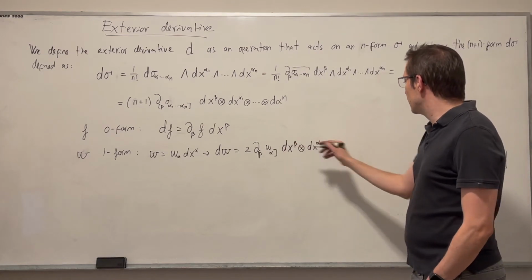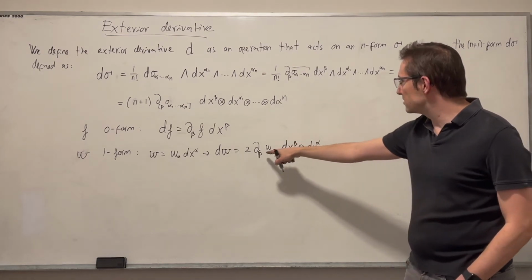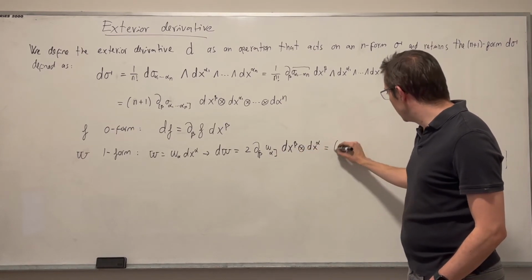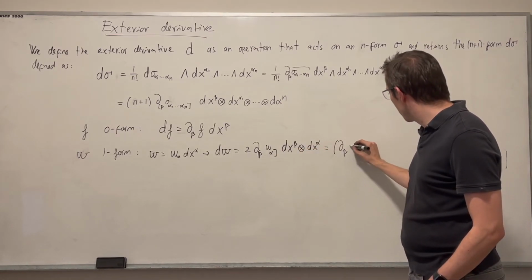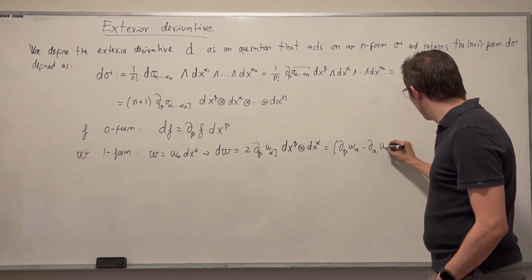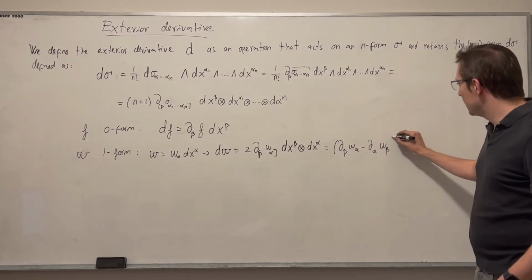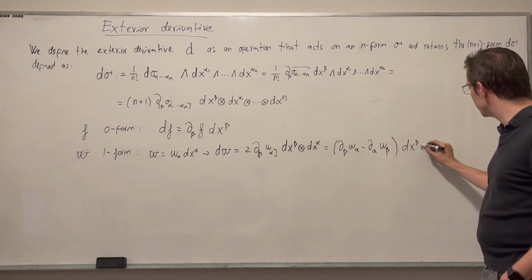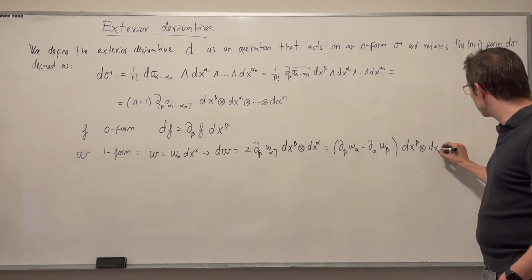So let's just expand this. That would be antisymmetrization of these two indices, so 1 over 2 that cancels the 2. So this gives me partial beta omega alpha minus partial alpha omega beta. And this multiplies dx beta tensor dx alpha.